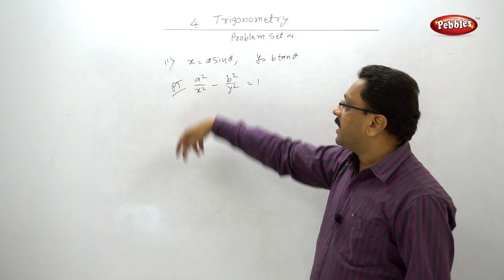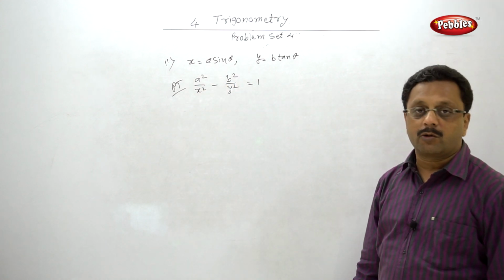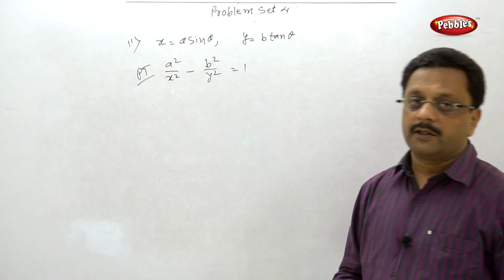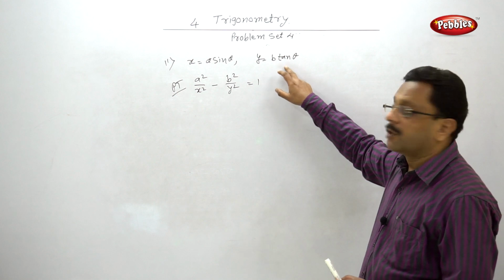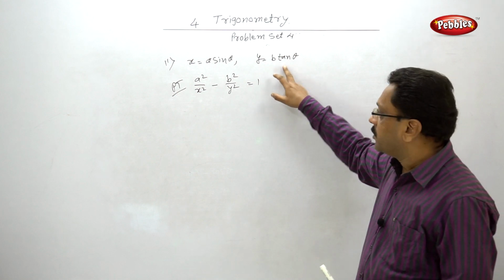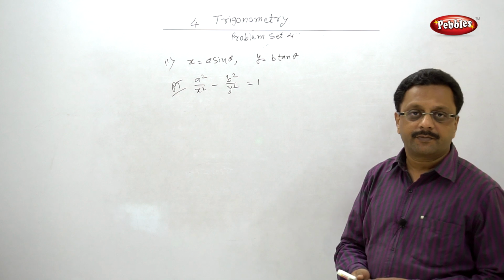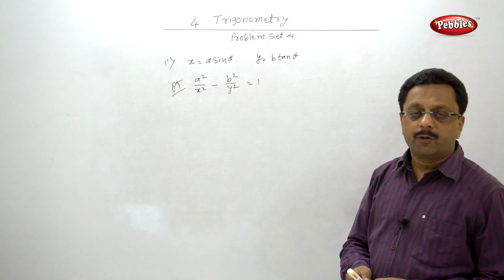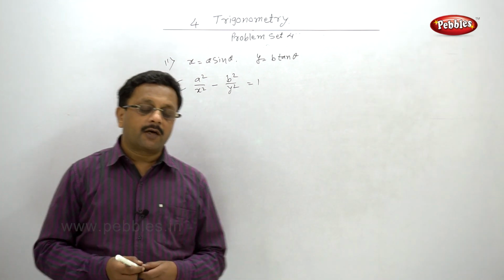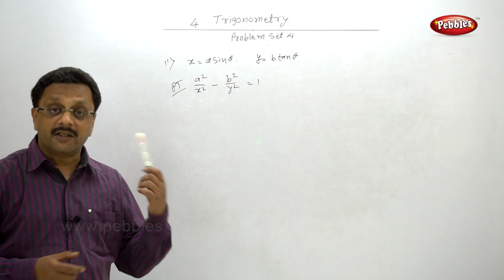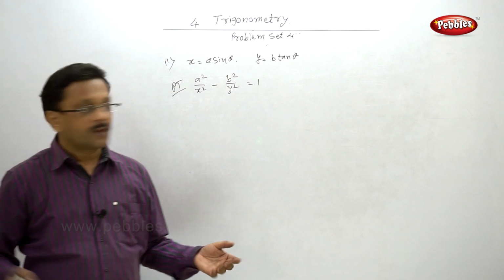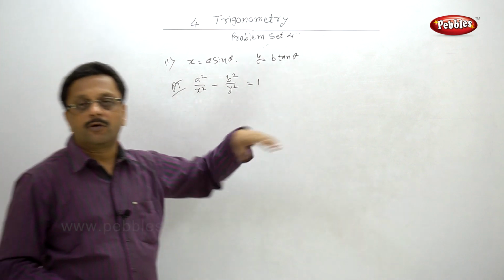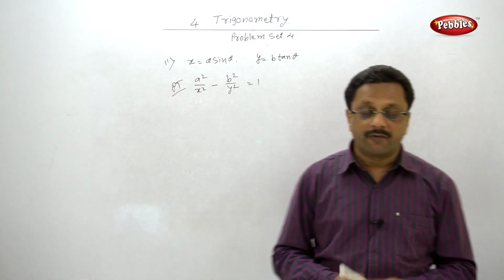So we have a square upon x square is equal to cosec square theta, and here b square upon y square is equal to cot square theta, correct? Because 1 upon tan is cot. Then subtract, substitute and prove that it is equal to 1. Here we are going to use the identity cosec square minus cot square equal to 1. The identity is proved. Very simple.